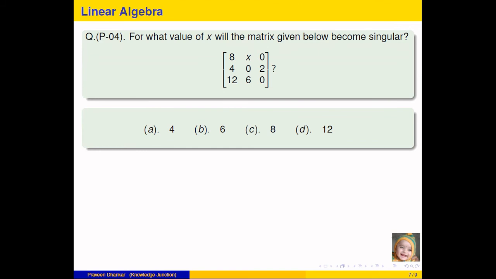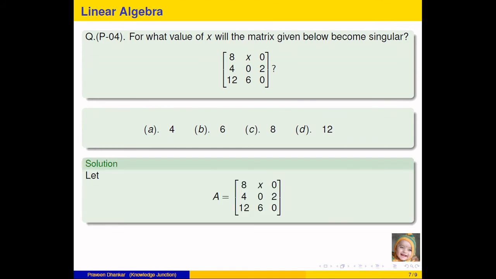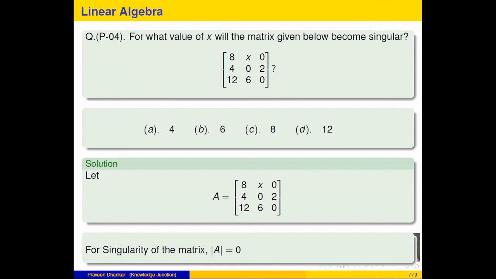Let this matrix be A, and you know that for the singularity of the matrix, the determinant of A equals 0. If a matrix is singular, then its determinant equals 0. This is the condition for singularity.